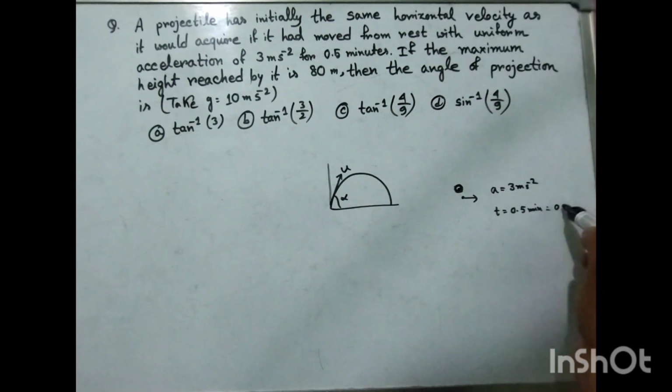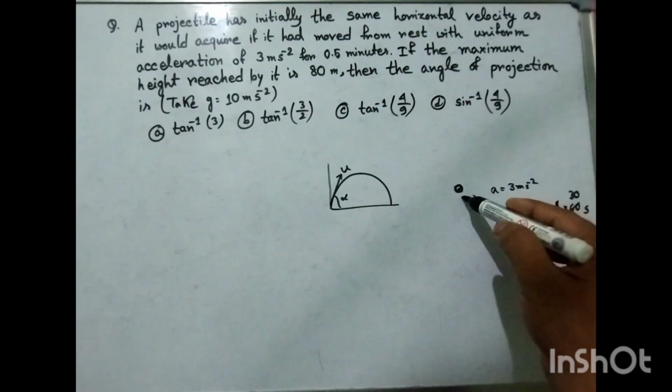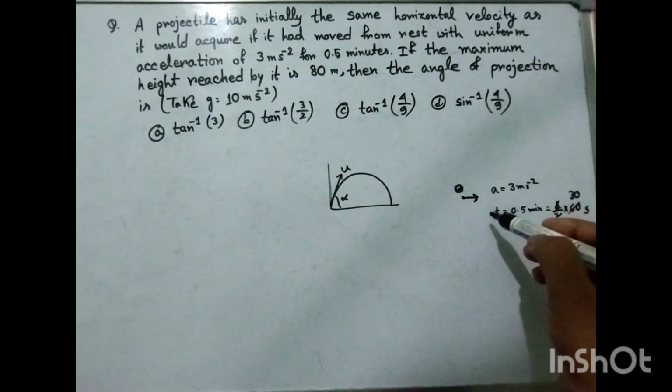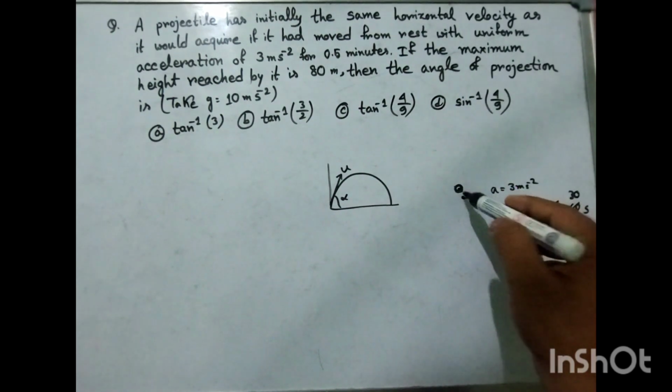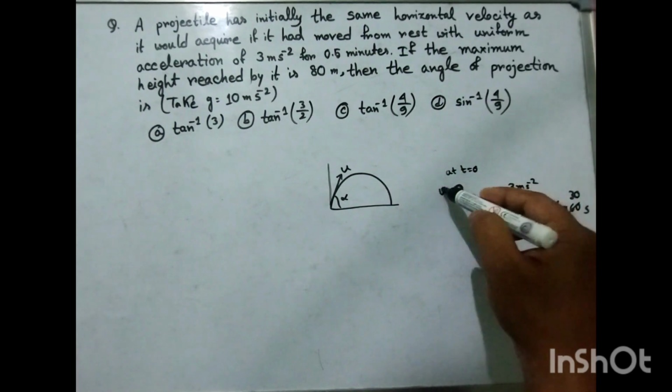That means 0.5 means 1 by 2 into 60 seconds, so that is 30 seconds. So what will be the speed of this particle after 30 seconds? Initially at t equal to 0, its speed is 0.